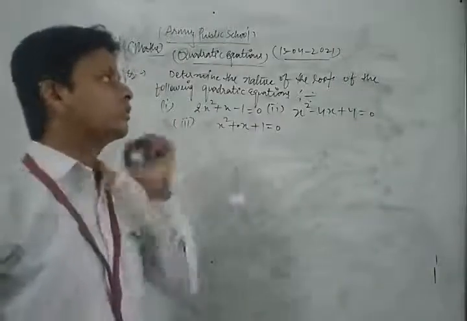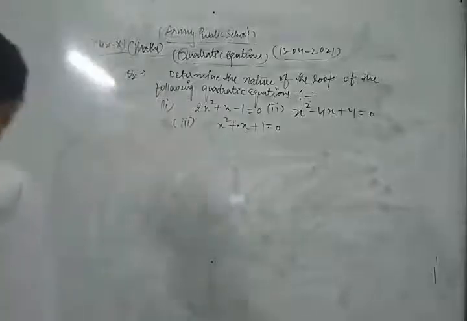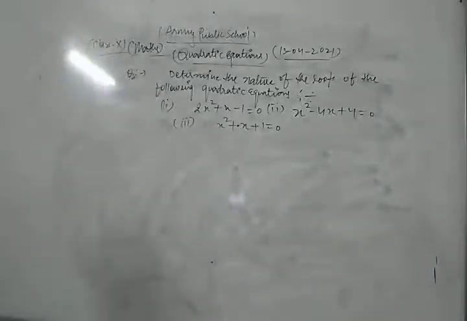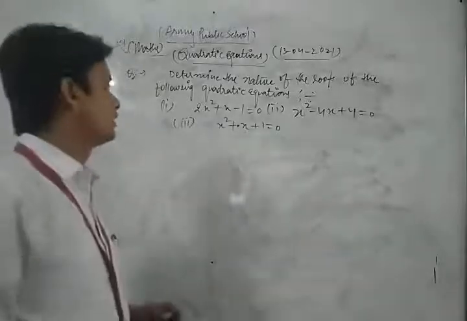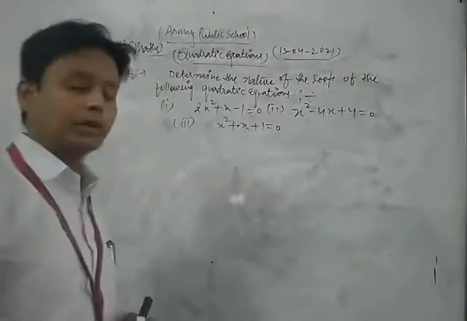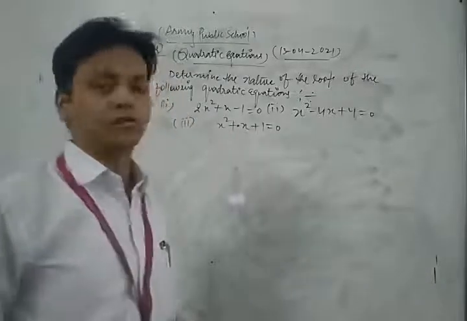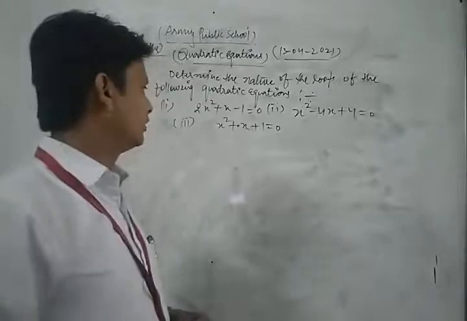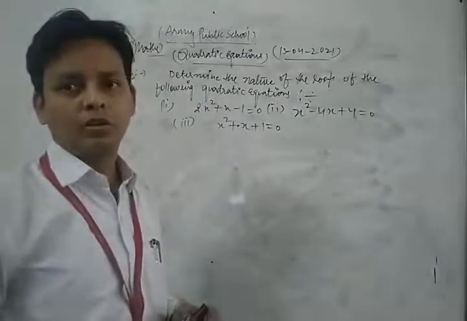Let's see, determine the nature of the roots of the following quadratic equations: 2x square plus x minus 1 is equal to 0, and x square minus 4x plus 4 is equal to 0. And third one is x square plus x plus 1 is equal to 0. Okay, dear friends.